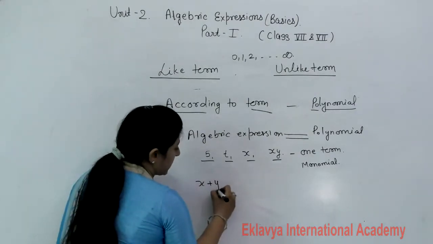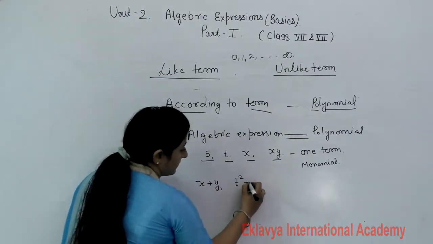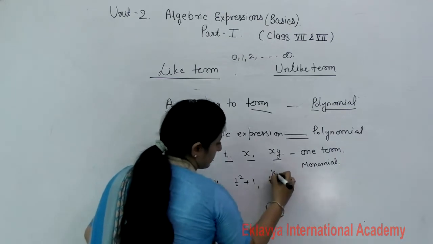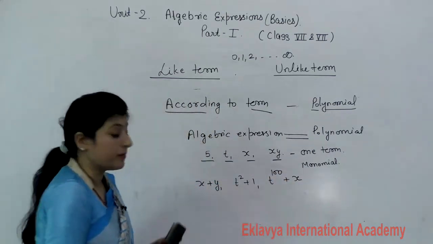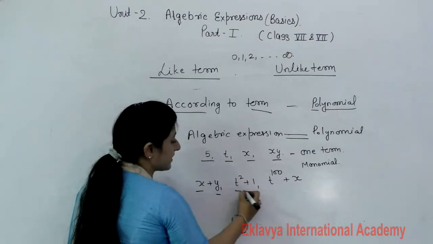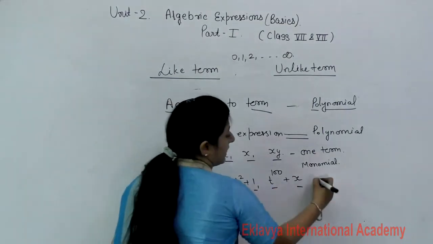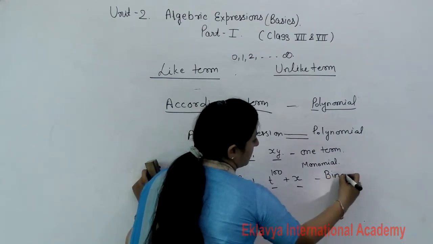If any expression has two terms like this, it is called a binomial.